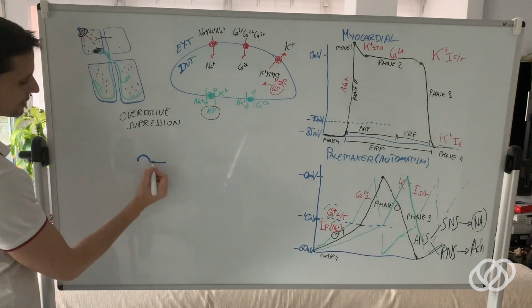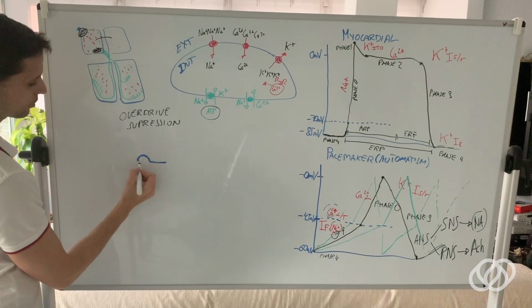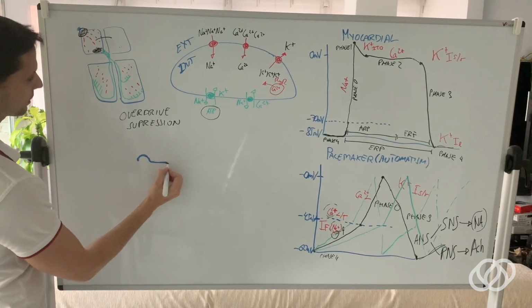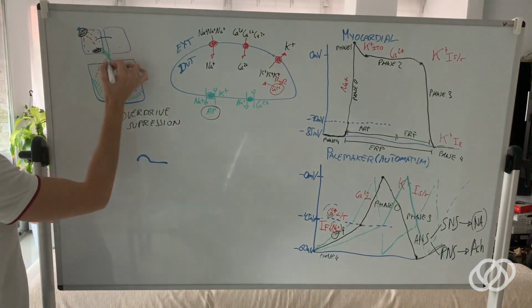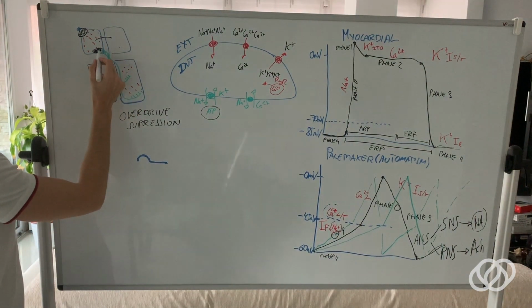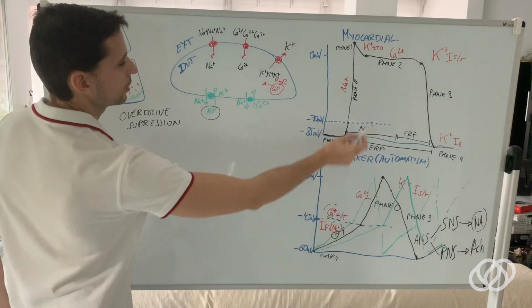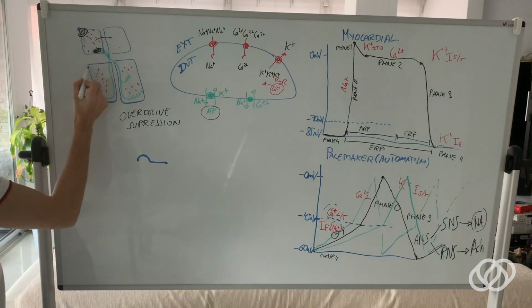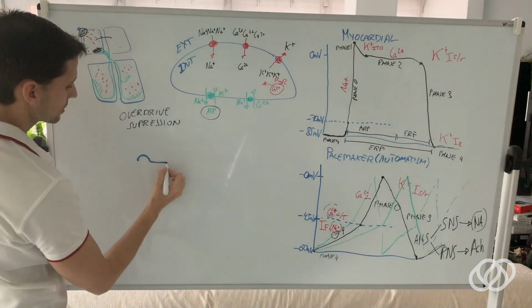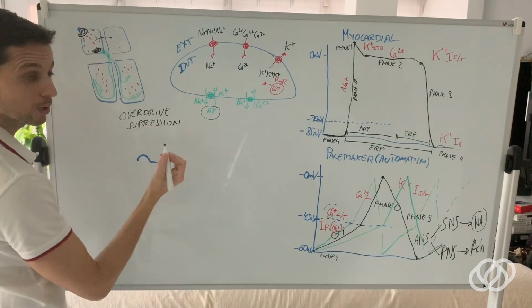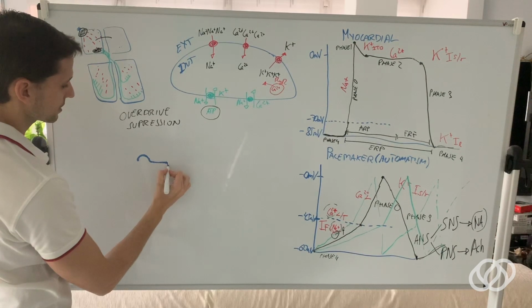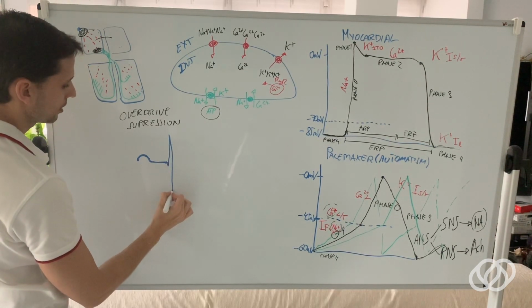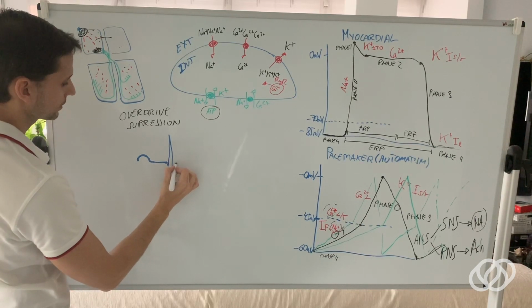This delay gives us the PR interval, and then the impulse will arrive at the His-Purkinje system. Then it will start the depolarization of the myocardial cells of the ventricles, and we see it as the QRS complex that we have here.